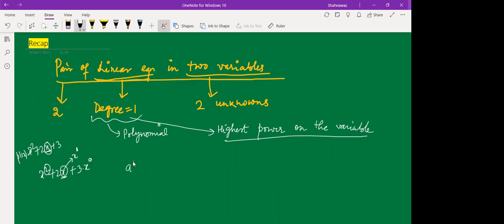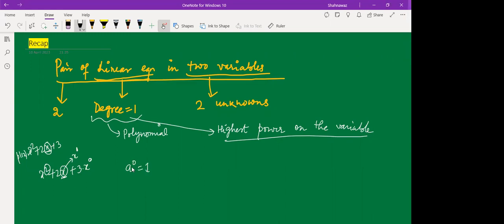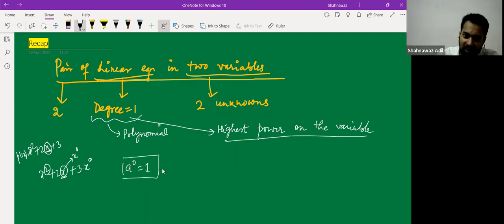Because something to the power 0 is what? 1. Something to the power 0 can't be 0, right? So this is the known fact that something to the power 0 is 1.